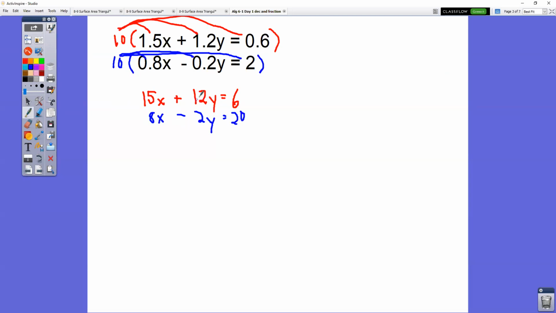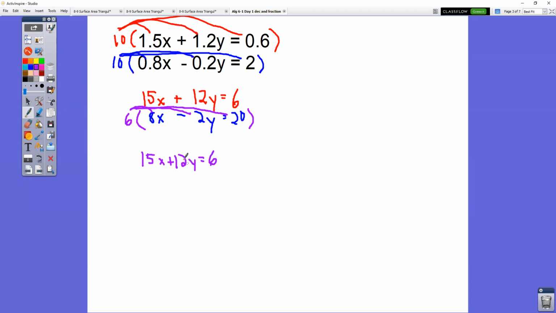All right, I see a 12y and a negative 2y. Well, just like we did before, we would have to make opposites with one of the letters. I'm going to make opposites with my y's. Distribute, distribute, distribute. So I'm going to still have my 15x plus 12y equals 6.